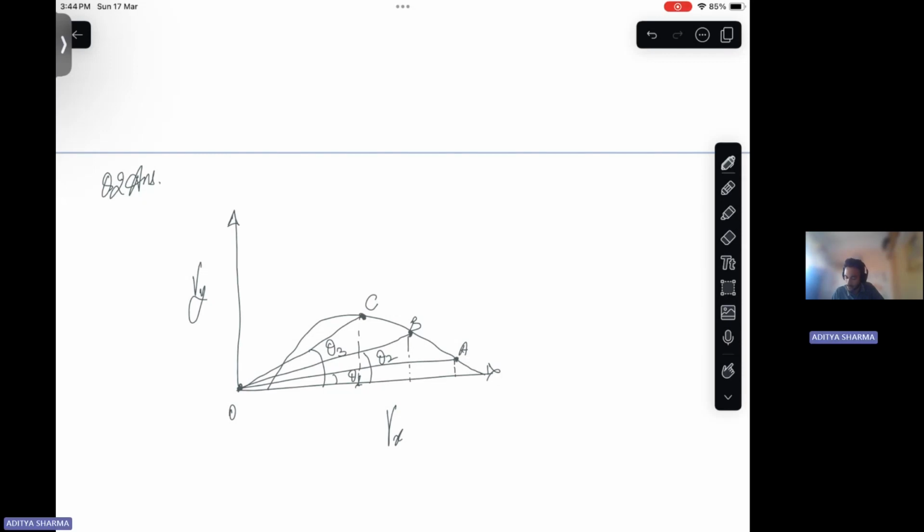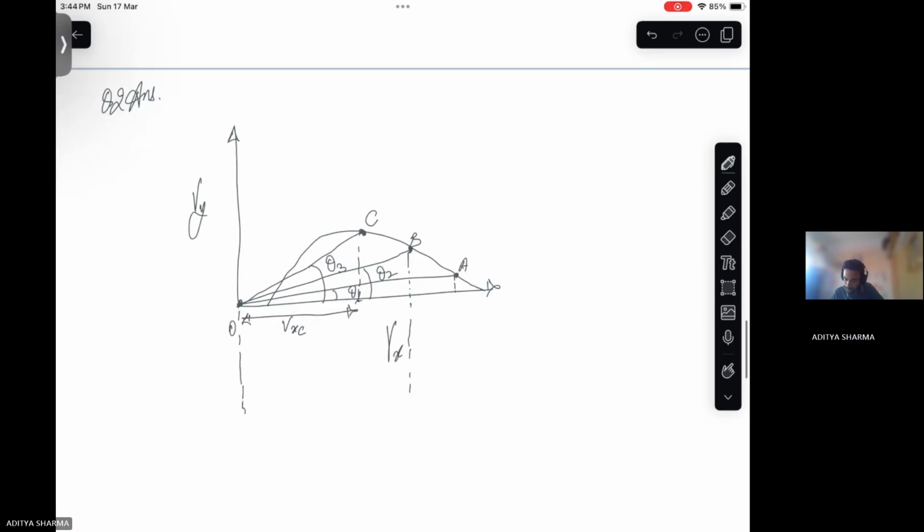For the C case, we have this much velocity, you can call it Vxc. And for the A case we have this much velocity.